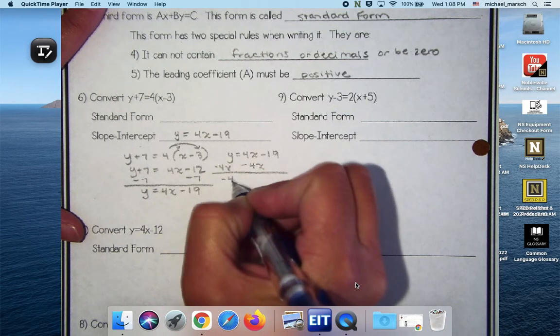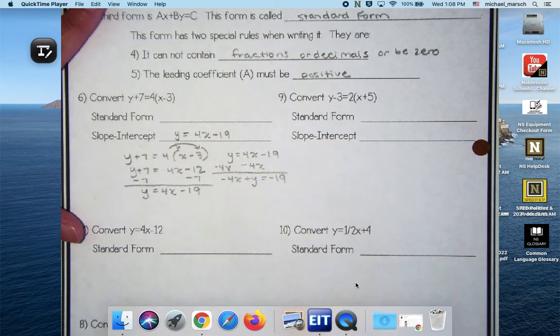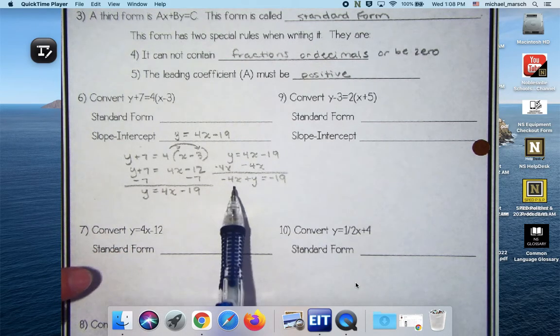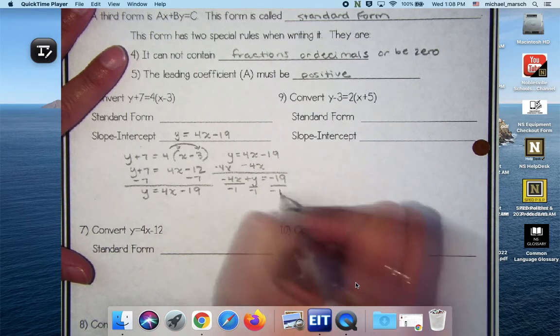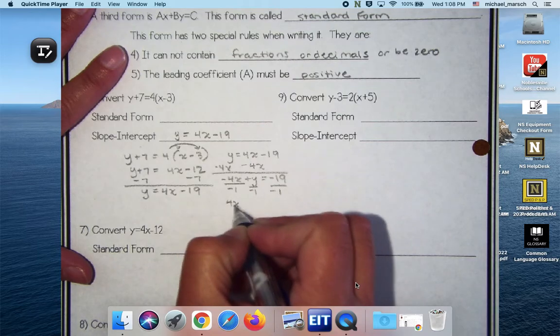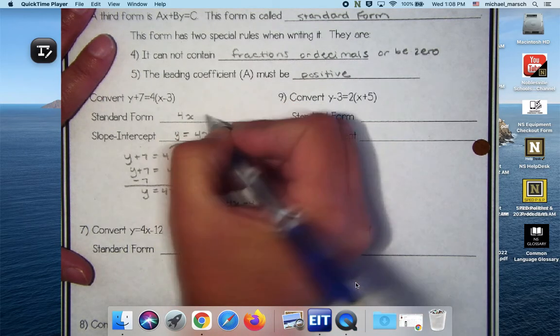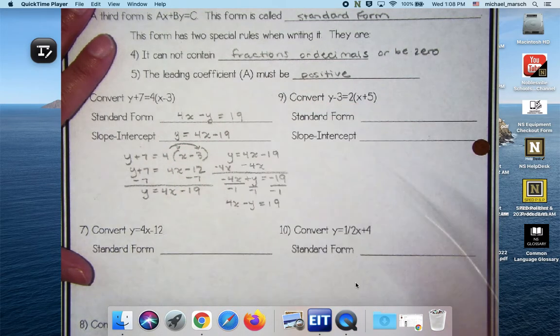So I'm going to have negative 4x plus y equals negative 19. But this a has to be positive. So what's our trick, Eden? Divide everything by negative 1. So my standard form is 4x minus y equals 19.